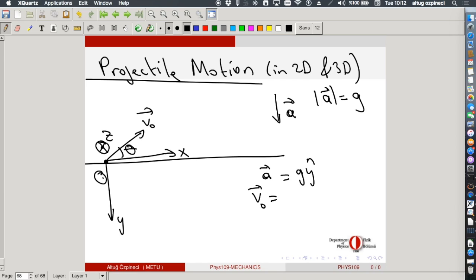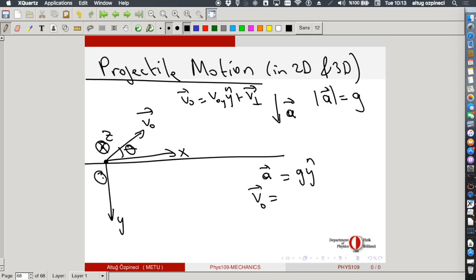So once you choose the y-axis, V0 will be V0y in the y direction plus whatever remains. It will be perpendicular to the y-axis. And you can choose the direction of this vector as your x-axis. You are choosing the axis. So that would be the choice I would make: that what remains of the V0 vector, once we separate this y component, should be the direction of the x-axis.